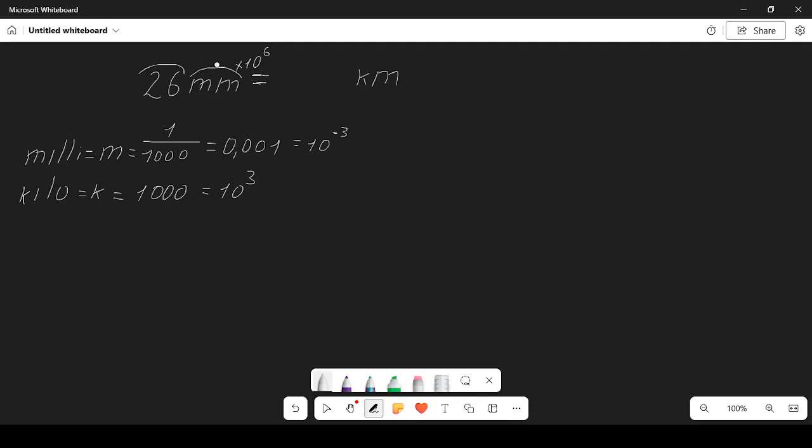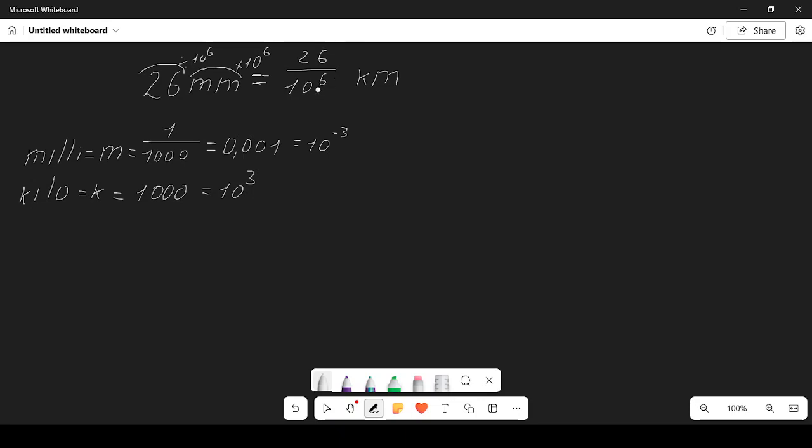So if we multiply this part by 10 to the power of 6, to compensate for this, to preserve this equality, we should, as a step of compensation, divide this part by the same number, 10 to the power of 6. Okay, let's divide 26 by 10 to the power of 6.